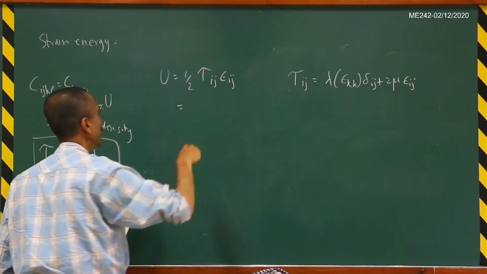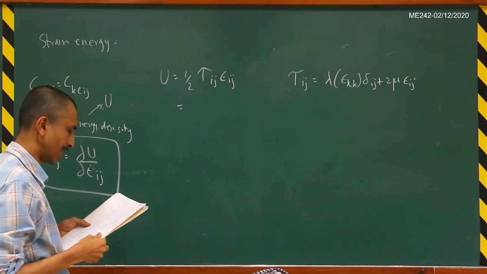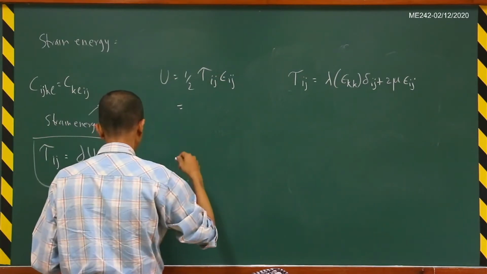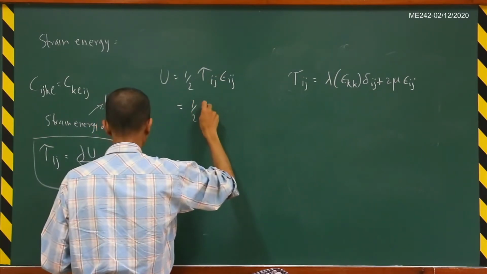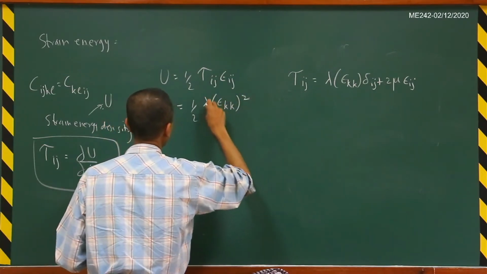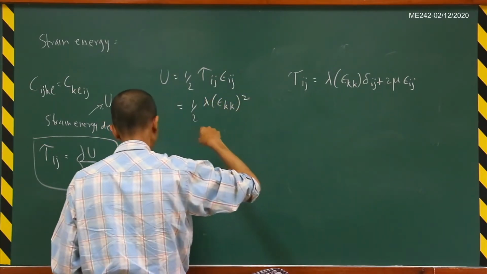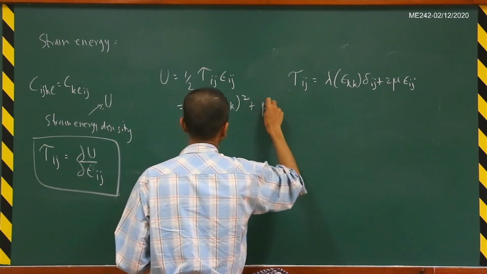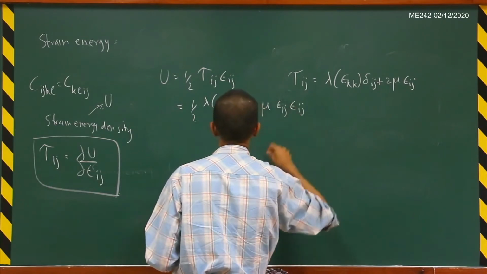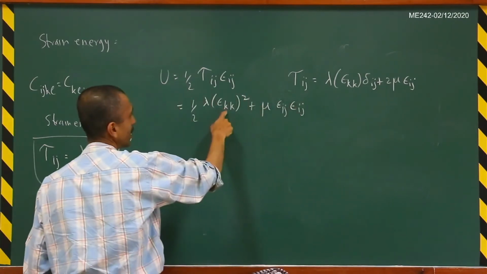If I write the expression for the strain energy density, then I will get that this is equal to half of lambda times (epsilon_kk) the whole square. So that is just trace of epsilon the whole square, plus mu times epsilon_ij epsilon_ij. This is nothing but the trace of epsilon.